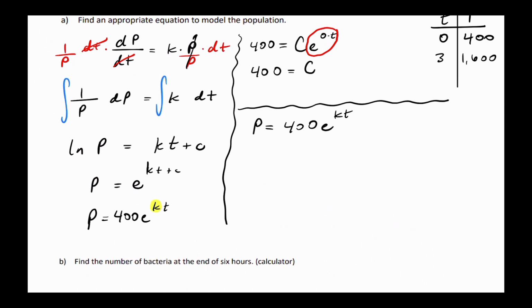I'm going to plug in 3 for T, and I'm going to plug in 1600 for P. I need to find out what K is.